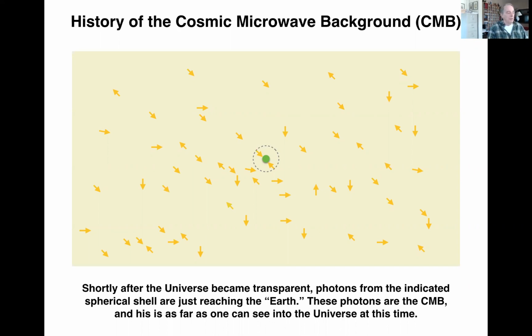And the farthest anybody on Earth at that time could see would be the surface of that sphere. Outside that, photons haven't had time to reach the Earth, so that part of the universe would be unobservable at that time. Well, much later, yeah.